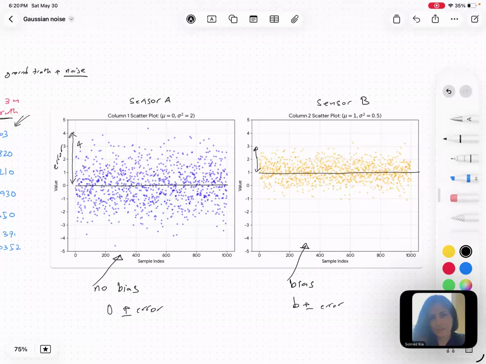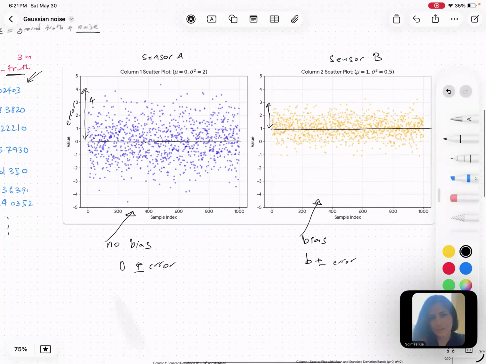With regard to the sensors, another measure that we would like to report and understand is something called variance, which is an expected value. When we talk about expected value, think about the average value of the error, for example, the value of interest minus the average value that we have.